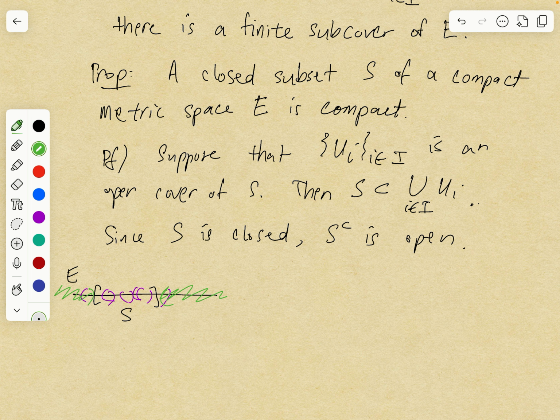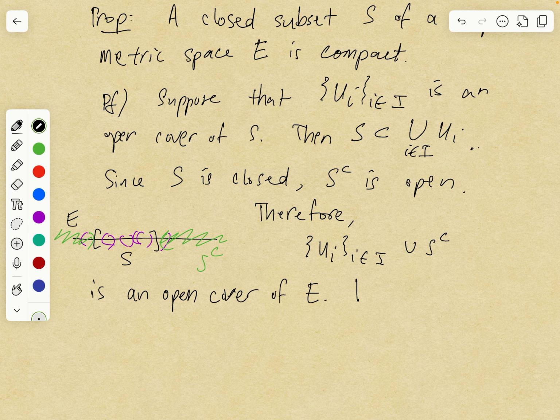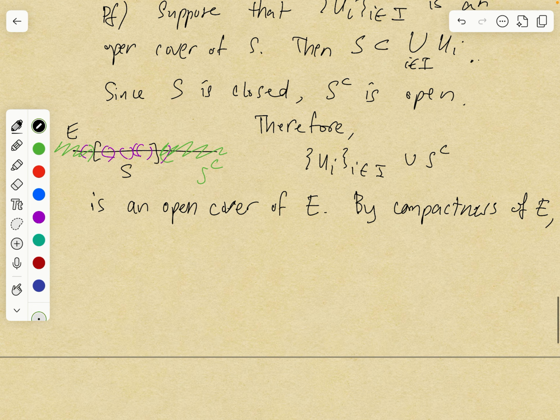This complement is open, and then that will be an open cover of E. So therefore, the set consisting of all the UIs union S complement is an open cover of E. So now by compactness of E, there's a finite subcover.